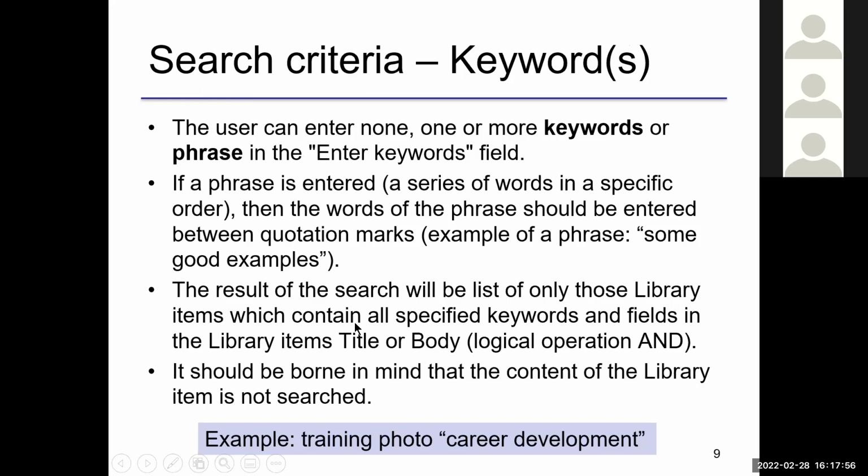Okay, let's see more about the first search criterion. It is keyword. The user can enter none, one or more keywords or phrases. What is a phrase?